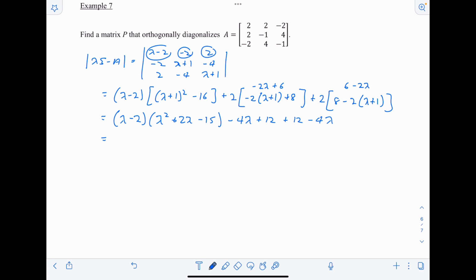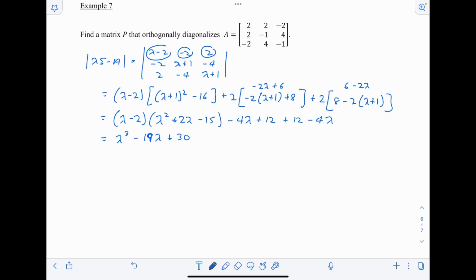So multiplying the binomial by the trinomial gives us lambda cubed. We'll have a 2 lambda squared minus a 2 lambda squared, so those cancel. We'll have a negative 4 lambda, and a negative 15 lambda is negative 19 lambda. And then plus 30.